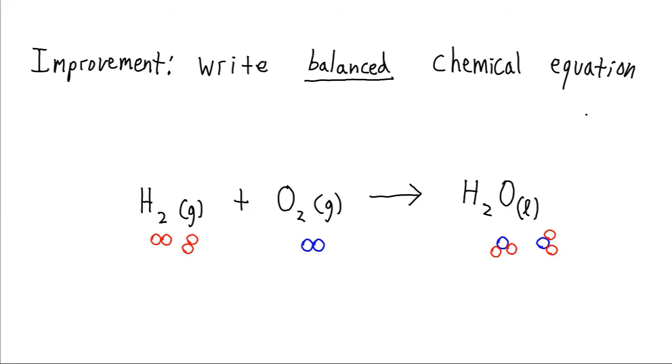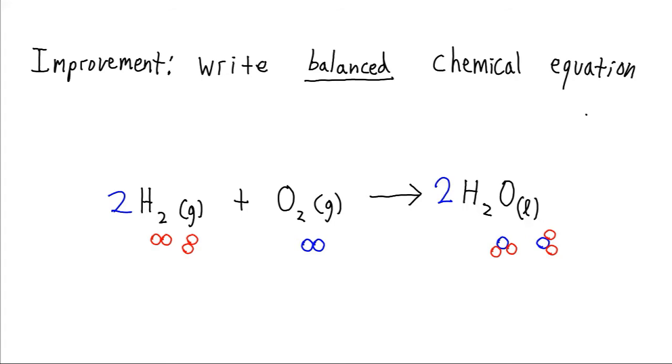Now to indicate this change in our equation, what we do is we put coefficients in front of the molecules. And these coefficients tell us how many moles of molecules are involved. So we need to have a 2 to represent these 2 water molecules, and we need to have another 2 to represent these 2 hydrogen molecules.